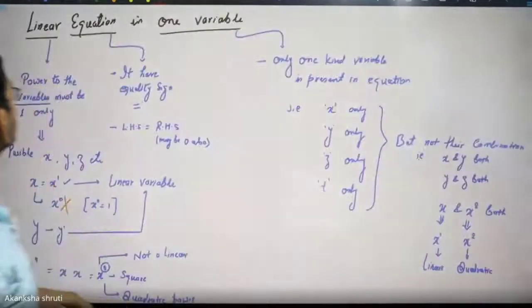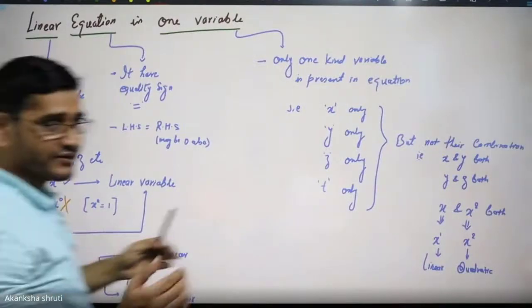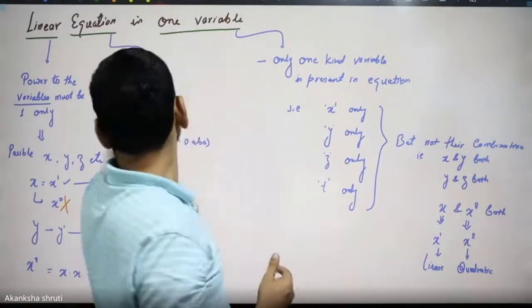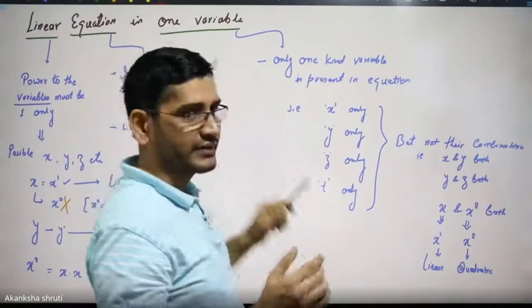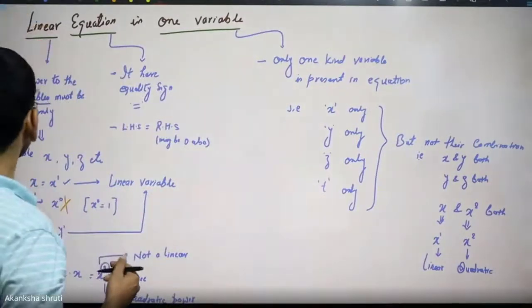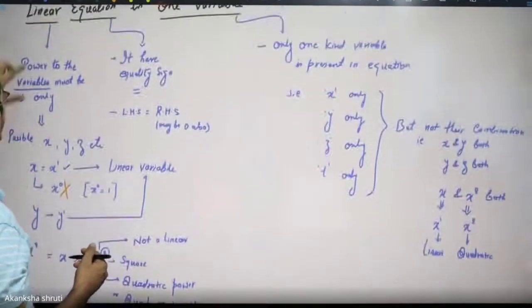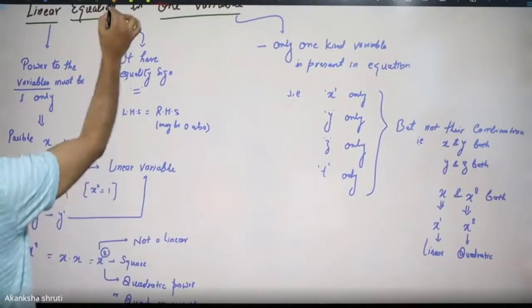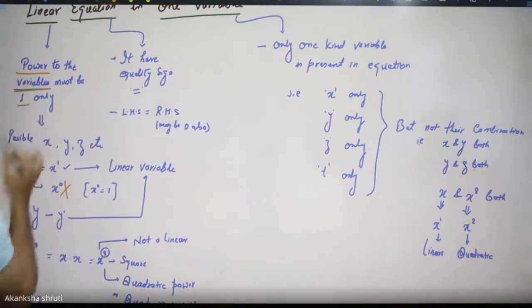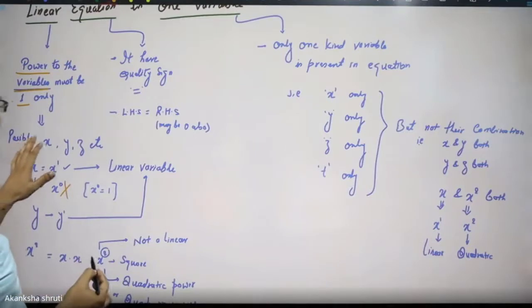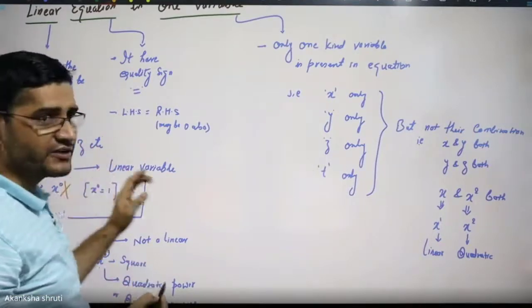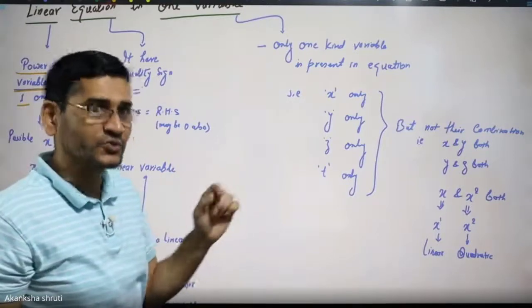Now, from this much understanding, we can write the meaning of linear equation in one variable very easily. A student, this term linear signifies the power of the variable must be one only. The variable that can be present in the equation can be x, y, z, only one kind, not two kinds.